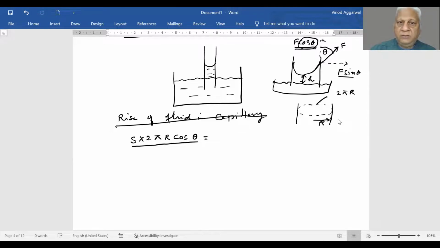And what will be the weight of the liquid? Weight of the liquid will be pi r square, density, and g into h. H is the height. Pi r square is the area. Height, this will give you volume. Volume into rho will give you mass, into g will be the force.